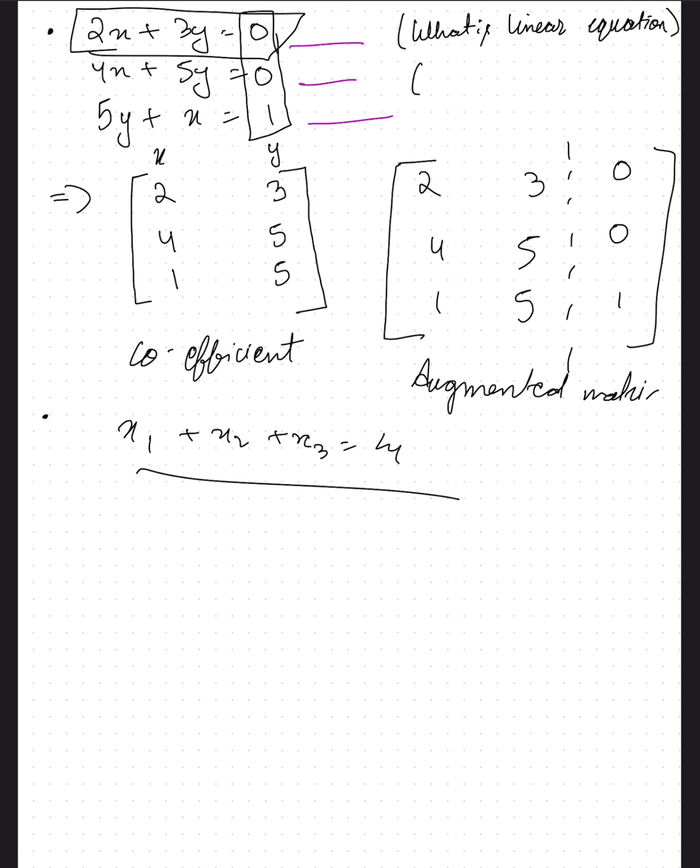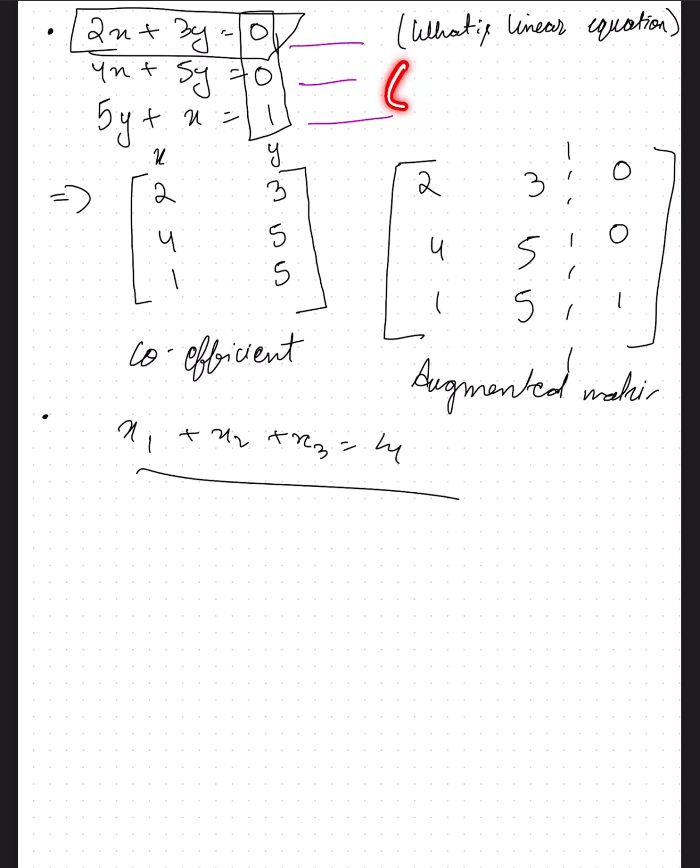Okay, let's go to the other page. So here, what is a linear equation? As we talked about, a linear equation is just an equation that shows a line, but a set of linear equations is more than one linear equation. So consider this. This is your first equation, this is the second one. So both combined creates a system.